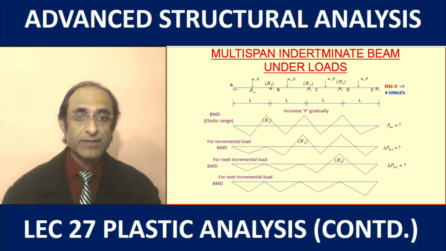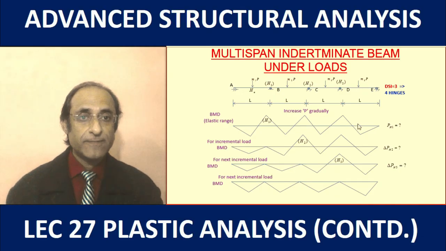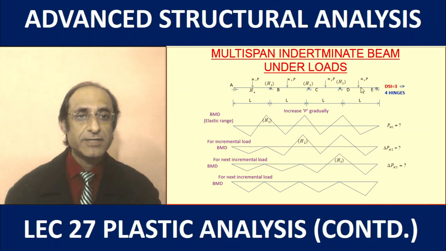And for the final incremental load level, because three hinges have already formed, just one more hinge will convert the structure into a mechanism. Let's say the next hinge is formed at the midpoint of DE, that is under the load in the span DE.